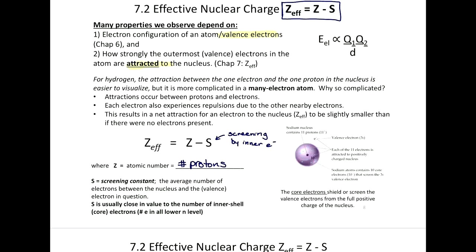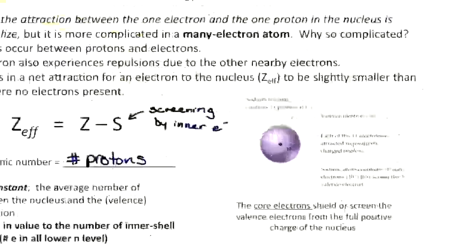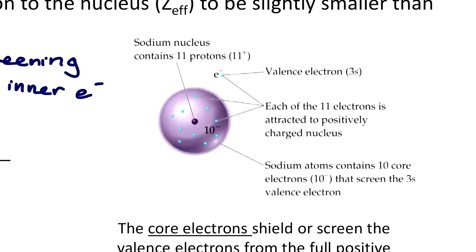The definitions to calculate this effective nuclear charge: Z is the number of protons in your nucleus, and S is shielding, meaning that depending on where your electron is on your atom, some of the other electrons, because they're all negatively charged, are going to shield that positive charge from the nucleus. I have some examples. For example, here's a sodium nucleus.